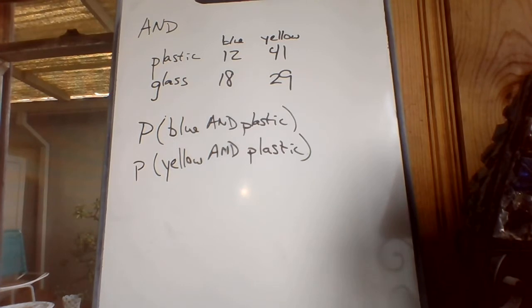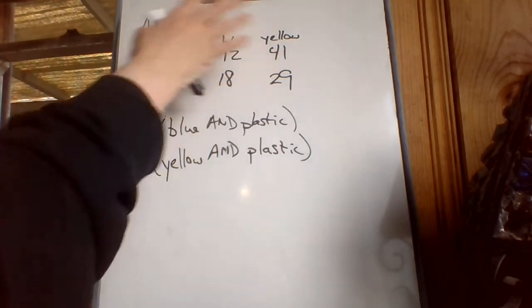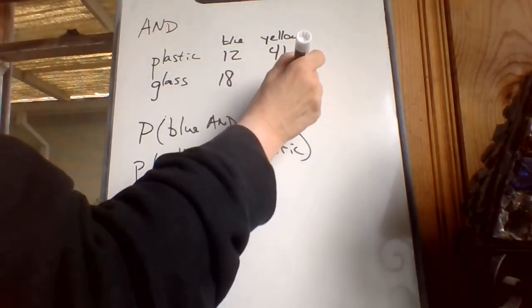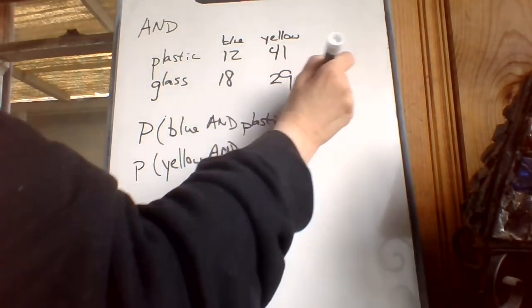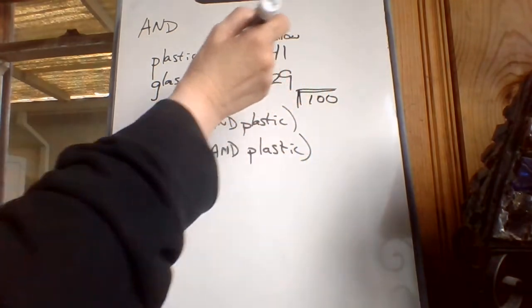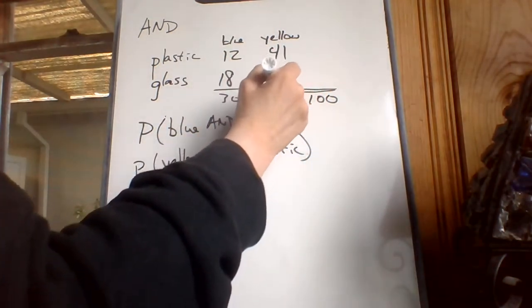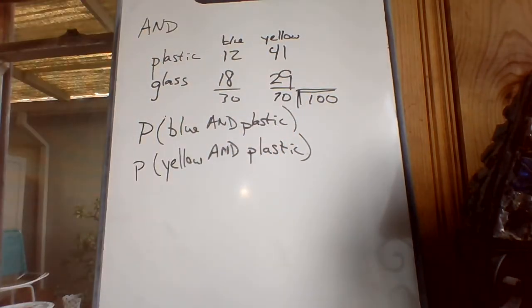And, the word and. Here's my bucket of marbles. It's still got my 100 marbles in it, and it's still the case that 30 of them are blue and 70 of them are yellow. But what happened was I bought some marbles, and then I went back to buy some more, and they were out of the good old-fashioned glass kind, so I had to buy some plastic marbles.